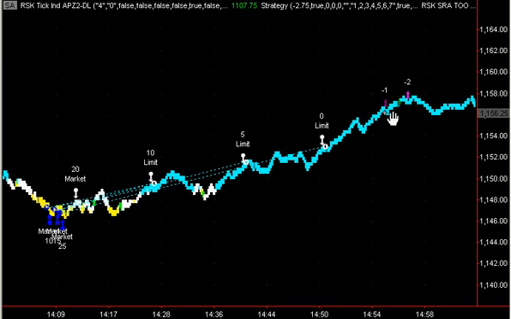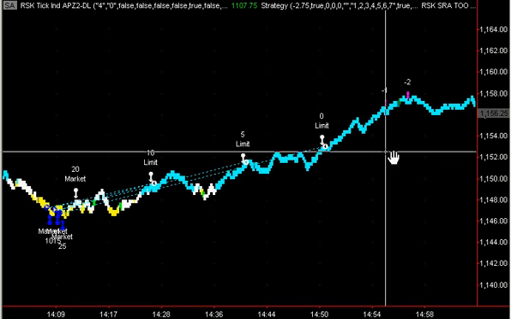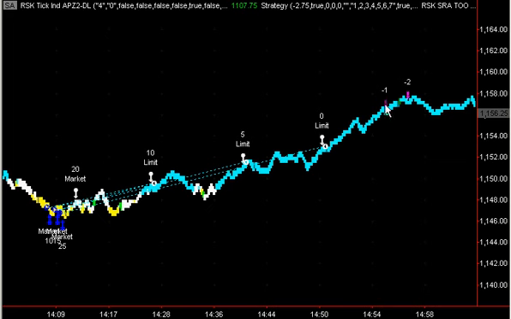Here we have two short signals, one here and then again right in here. Automated exits based upon strategic analytical settings here and here. So always more than one way to get the job done.